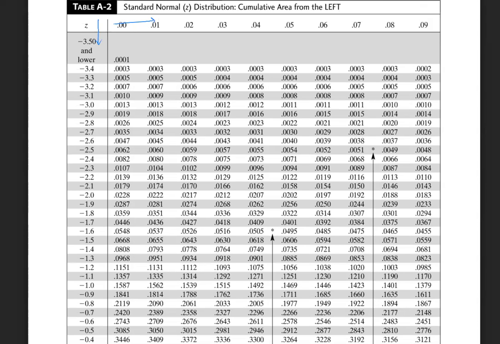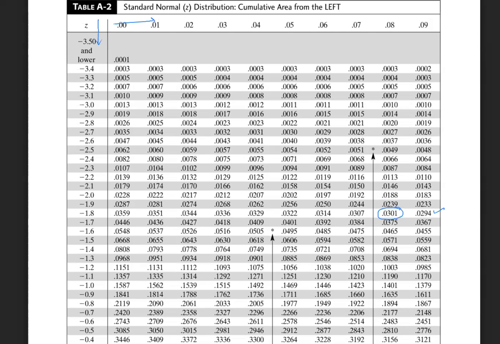If you look at the table, you can see the value that is closest to 0.03 is 0.0301. 0.0294 is close, but 0.0301 is closer.